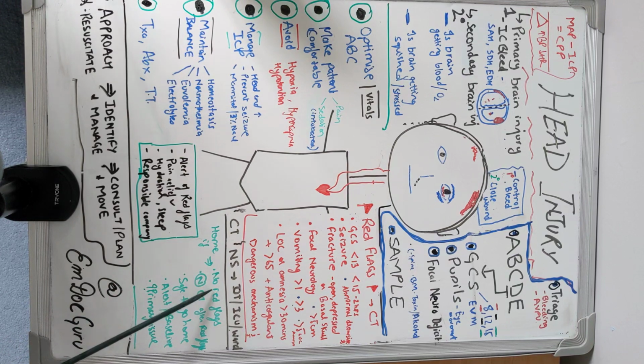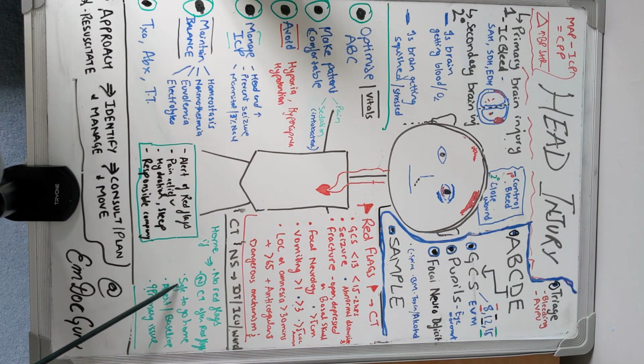Home, if there are no red flags, as we talked about. If a person with head injury is just complaining of a bit of headache and feeling a bit lightheaded, once you complete your assessment and you see no red flags, okay, go home. If you saw that there were some red flags, you would think, let's do a CT. If there is a normal CT after red flags, and they are alert or at their baseline, like a person with dementia who suffers a head injury, you need to ensure that they at least come to their baseline cognition.